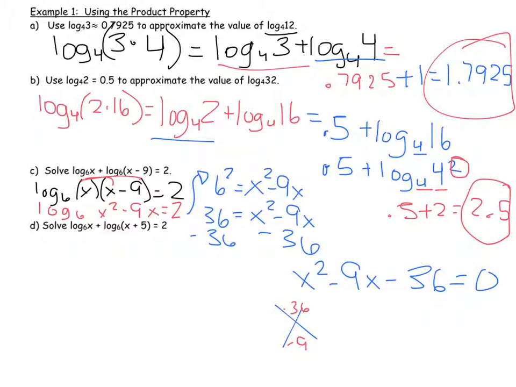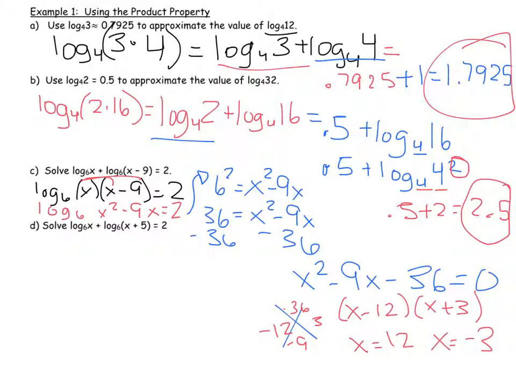So my numbers are going to end up being negative 12 and 3, because negative 12 times 3 is negative 36, and negative 12 plus 3 is negative 9. So we have x minus 12 and x plus 3. And so my final answers are going to be x equals 12 and x equals negative 3.